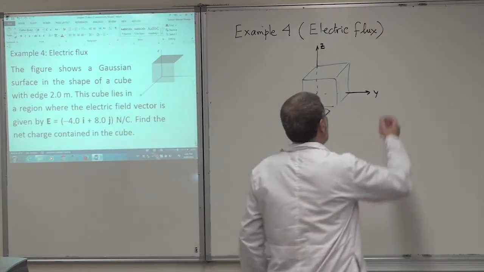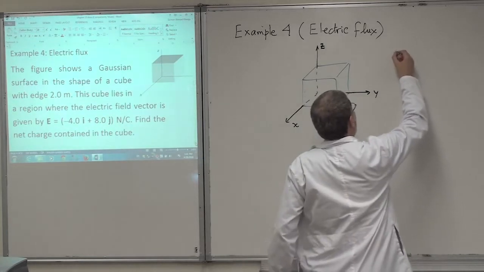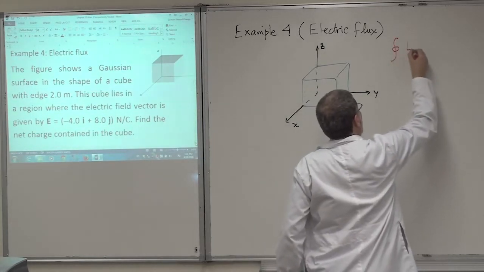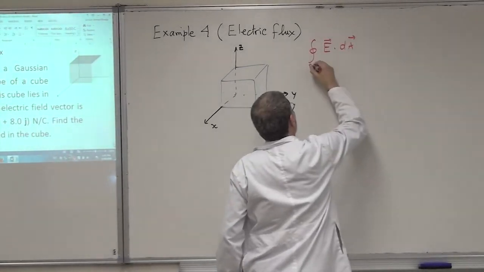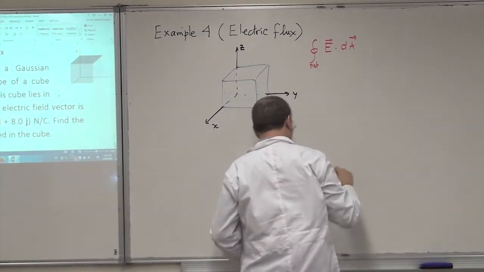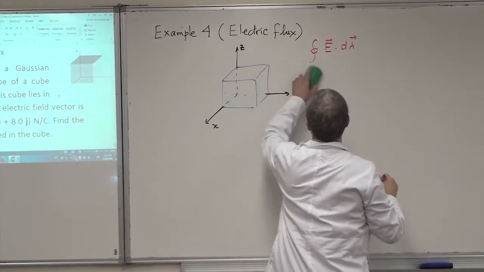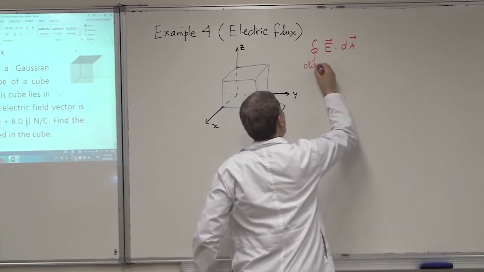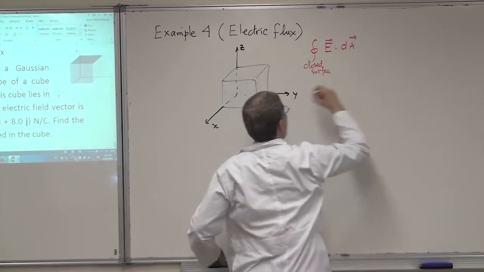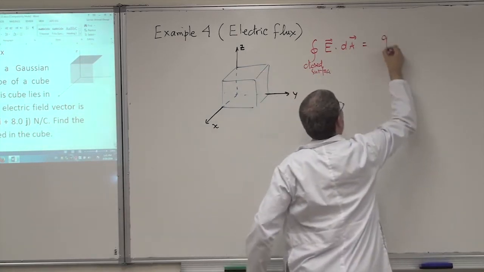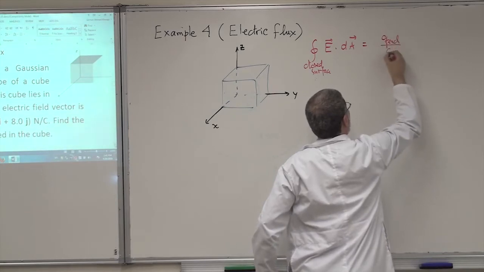And he wants the flux, he wants the charge enclosed. So I have to write like this: the integral of E dot dA, E net, closed, for the closed surface of the cube, the 6 faces, equals Q enclosed over epsilon 0.